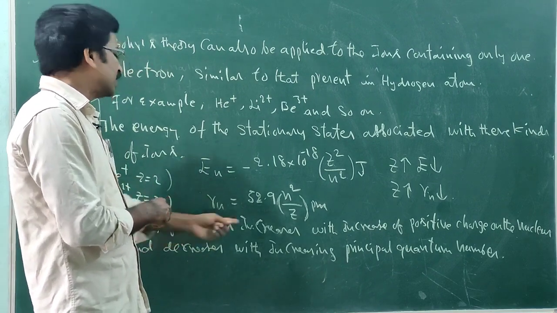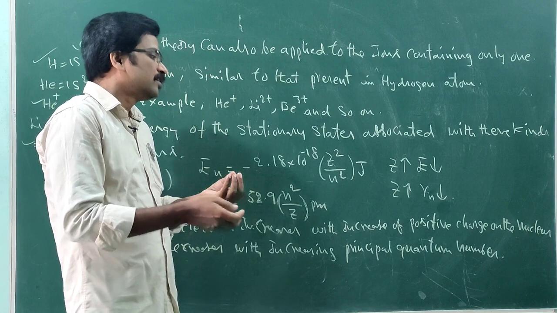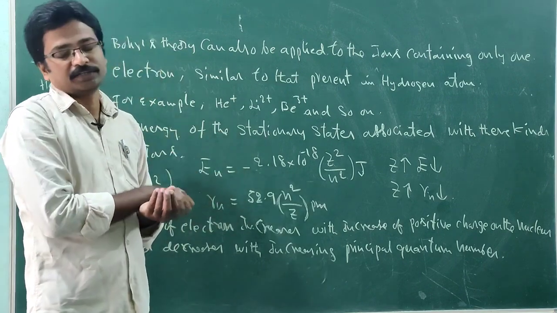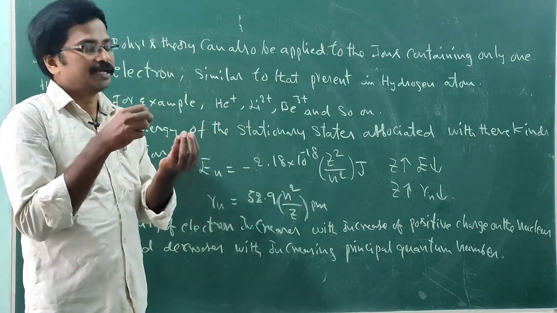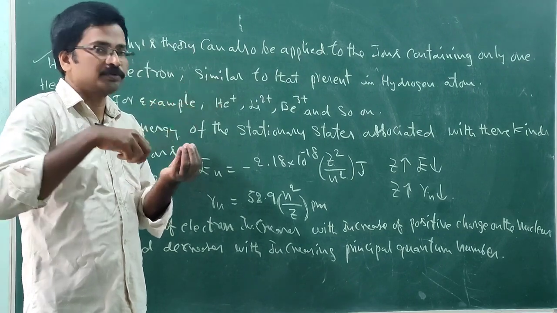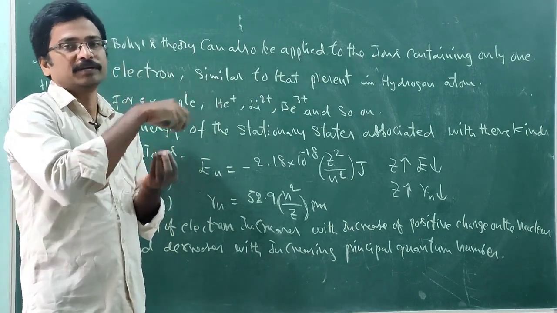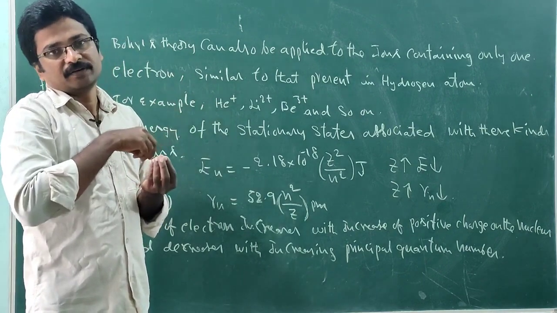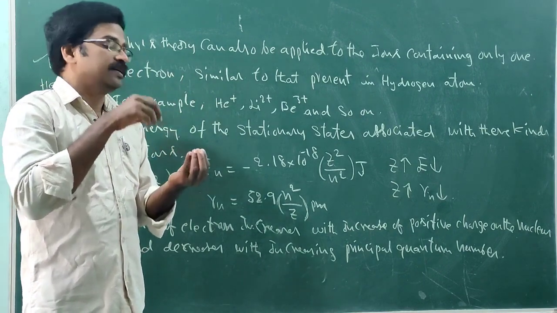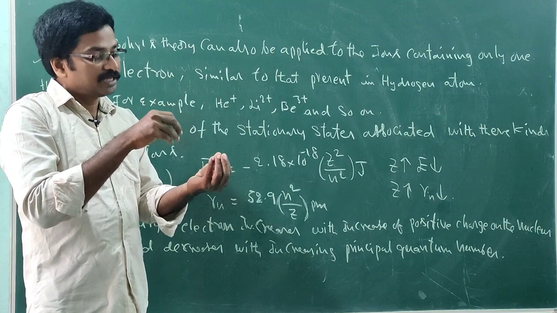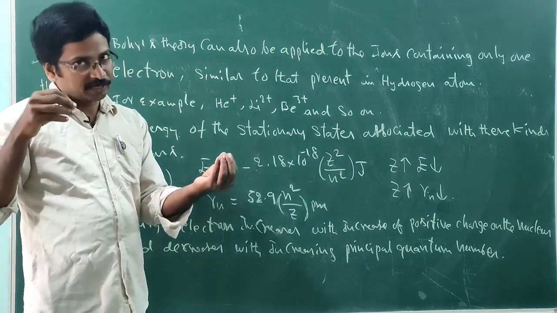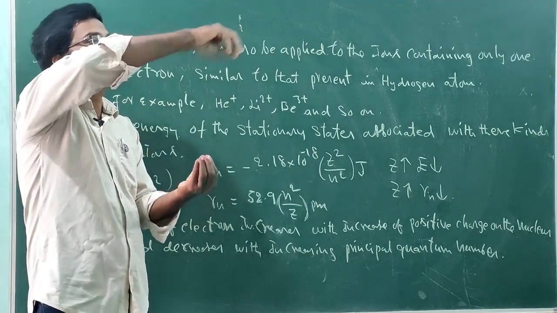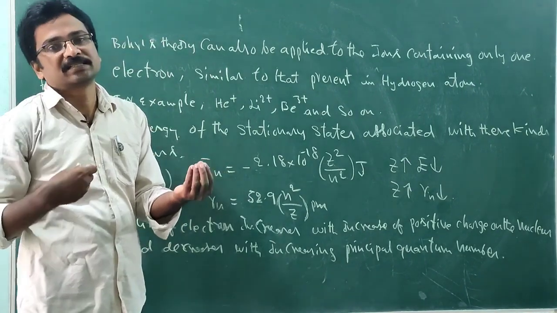Whenever the electron revolves nearer to the nucleus, the speed of the electron increases. As the distance between the nucleus and the electron increases, with increasing principal quantum number, the speed of the electron decreases.